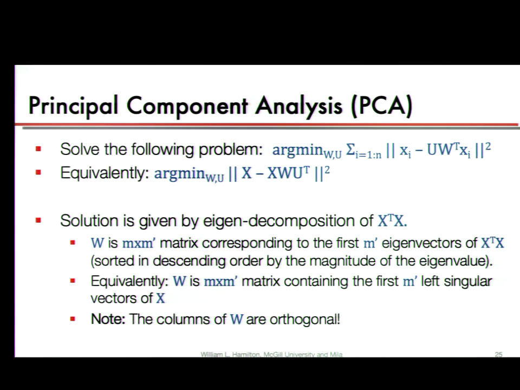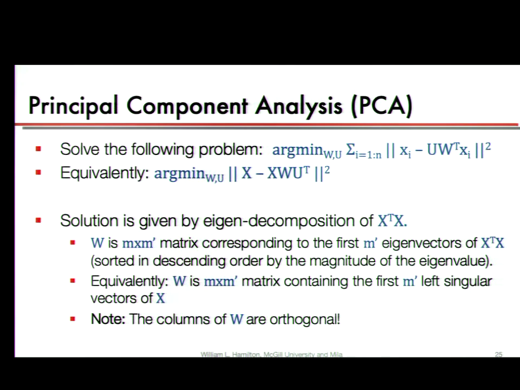So luckily, this isn't that hard of an optimization problem because this is actually just solved by eigen decomposition. So in particular, to get this W matrix, we just need to find the eigenvectors of X transpose X. These are also called the singular values or singular vectors. So the singular vectors of X are the eigenvectors of X transpose X.